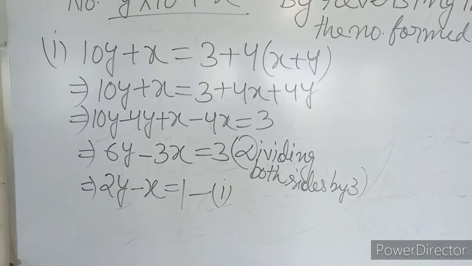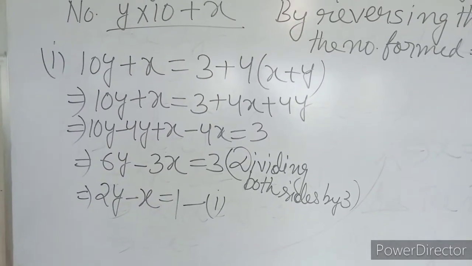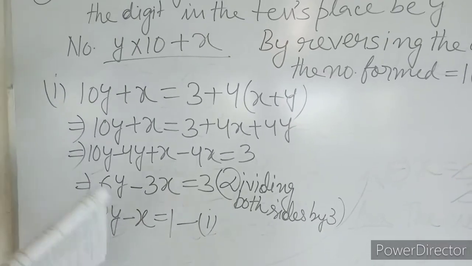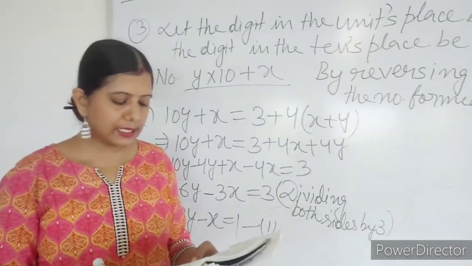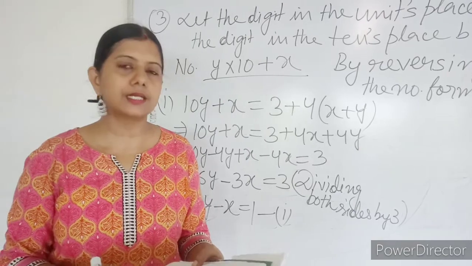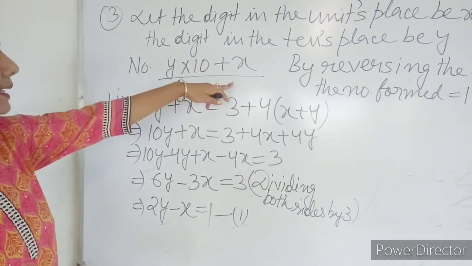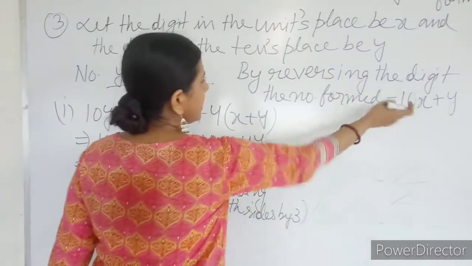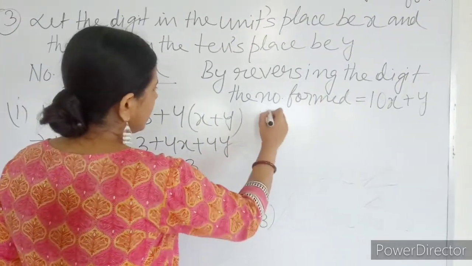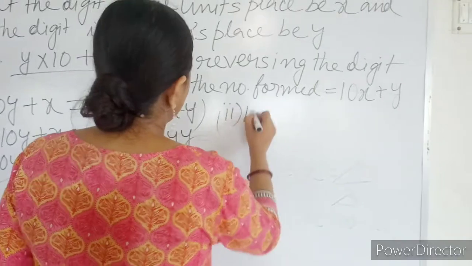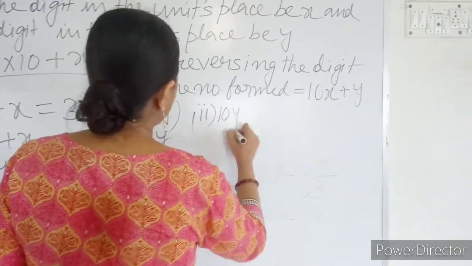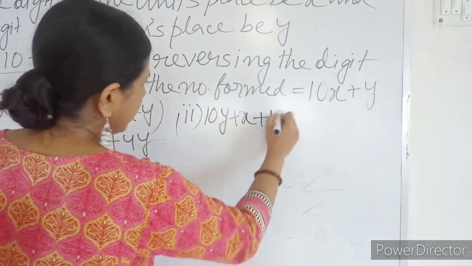The second condition is, question number 3: if 18 is added to the number, its digits are reversed. That means this is the number, and if 18 is added to that, I am going to get this one. So my second condition is 10y plus x plus 18.